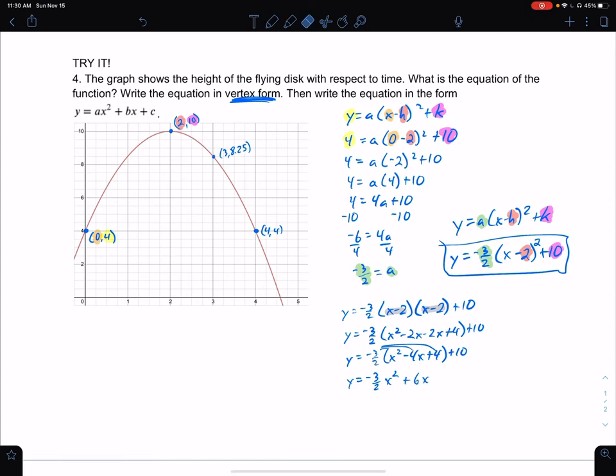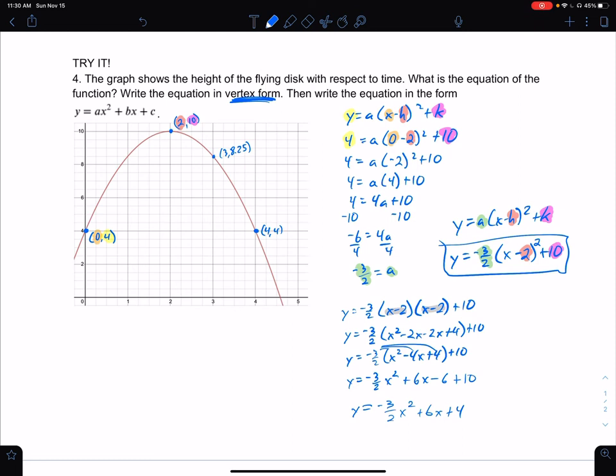And then minus, again, 12 over 2, which would just be 6 plus 10. So combine our like terms, y equals -3/2 x squared plus 6x plus 4.